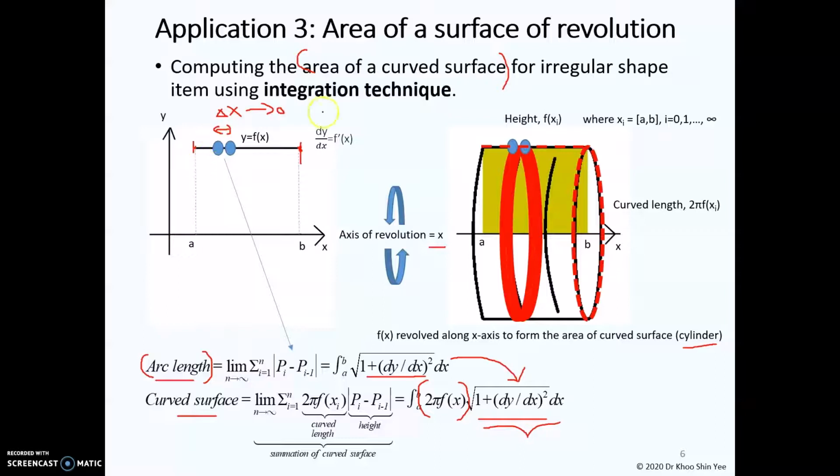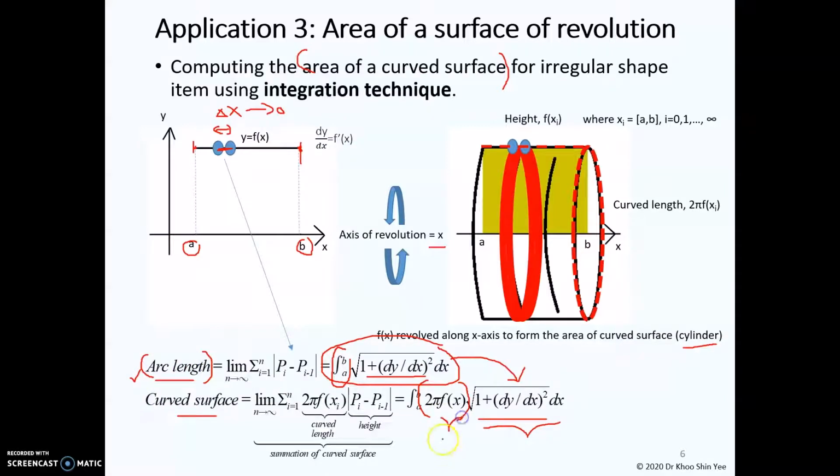If you perform this formula, then you can find the distance between these 2 points. And if you take the integration from a to b, basically you are taking the summation of all the distances from a to b. Therefore, this can give you the arc length.